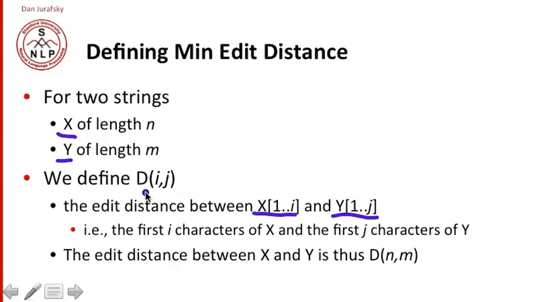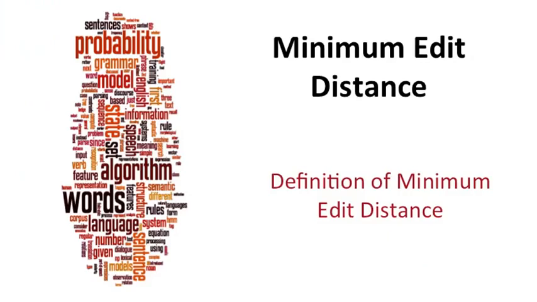And so the distance between the entire two strings is going to be D(n,m), because the strings are of length n and m. So that's our definition of minimum edit distance.